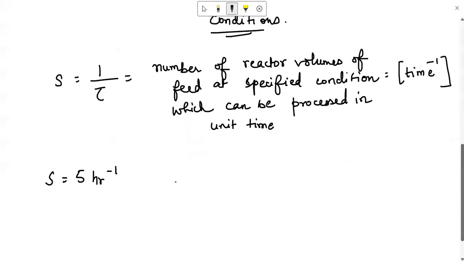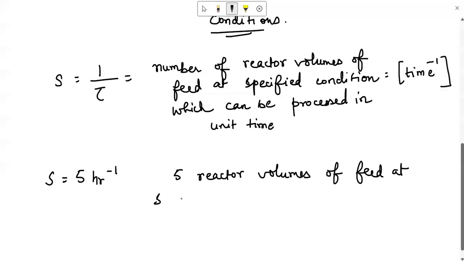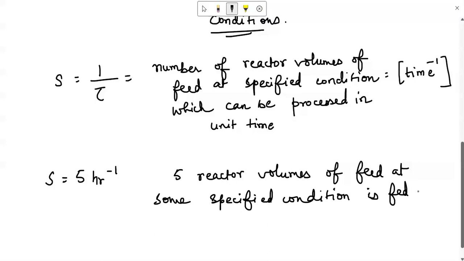So it means that 5 reactor volumes of feed at some specified condition is fed to the reactor in 1 hour.